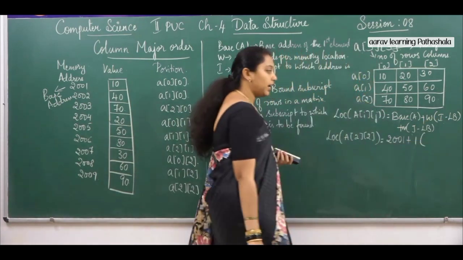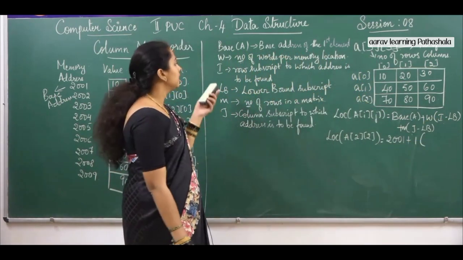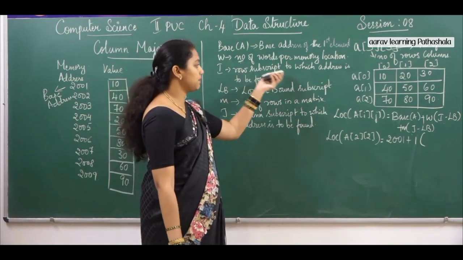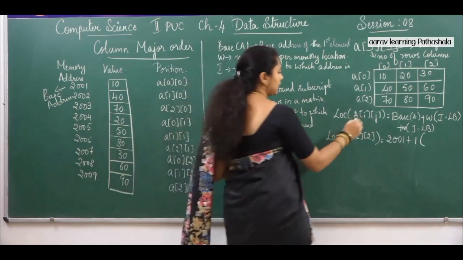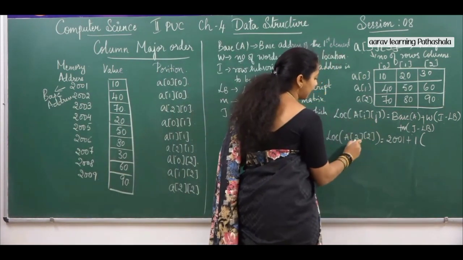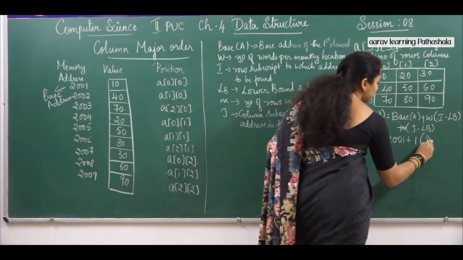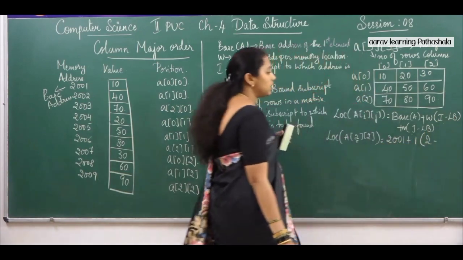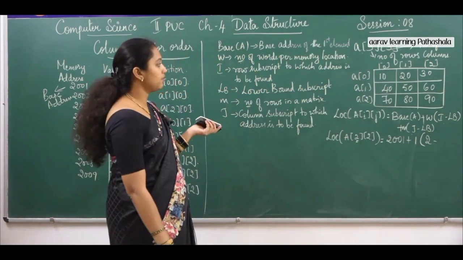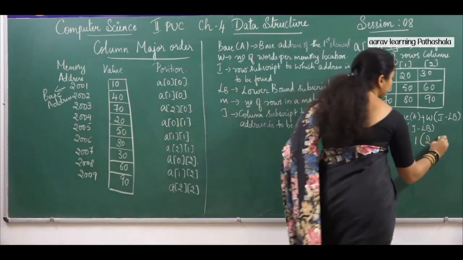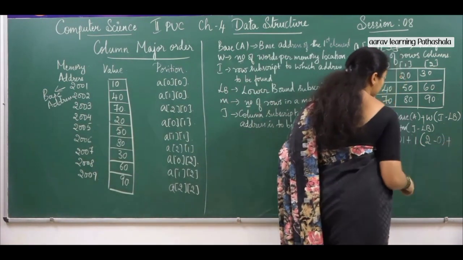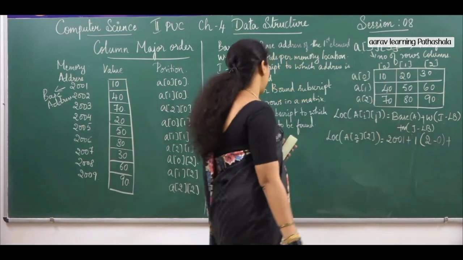What is the value of I? I represents the row subscript to which address is to be found. The value of I is 2. 2 minus LB, that is the lower bound subscript. What is the lower bound subscript value? That is 0. Plus M. What is M?